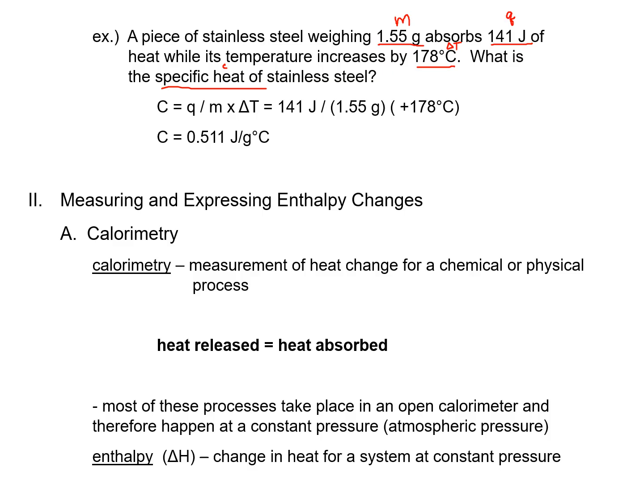Well, there are some technical differences between enthalpy and heat, but for our purposes, in most situations we're going to be talking about in this class, delta H and Q are basically the same thing. So if we wanted to use Q equals mcΔT with a chemical reaction, we basically could.